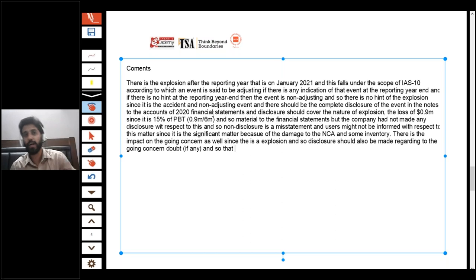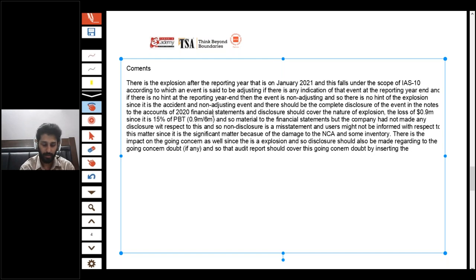After that basis paragraph there would be the highlighting paragraph to highlight the going concern doubt, and so that audit report should cover this going concern doubt by inserting the going concern paragraph after the basis for opinion paragraph.